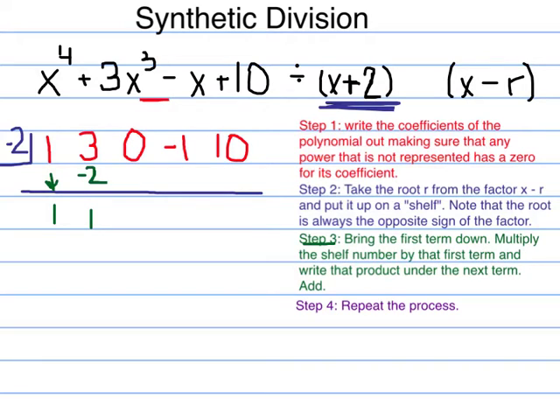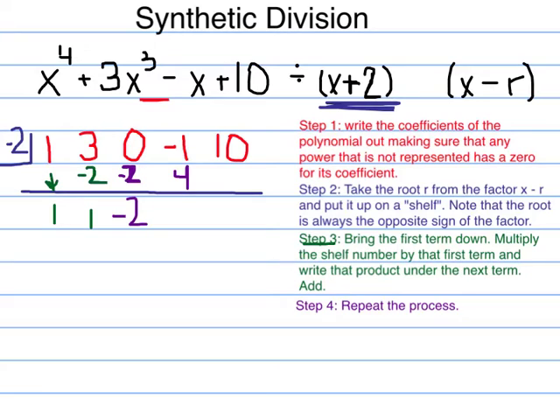So we have negative 2 times 1 is negative 2. 0 plus negative 2 is negative 2. And then negative 2 times negative 2 is 4. And write that underneath the next term.